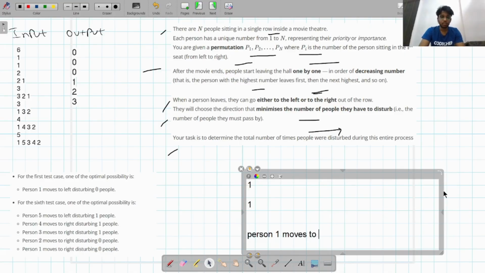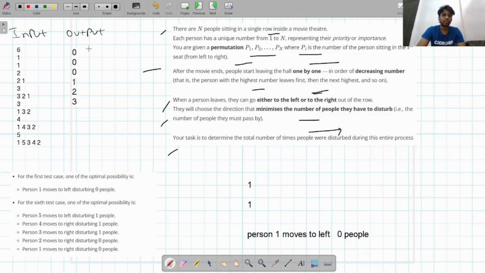It moves to the left by disturbing zero people, because there is no other person. So the output is simply zero for this first test case.